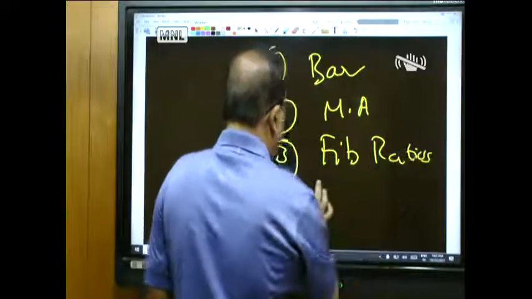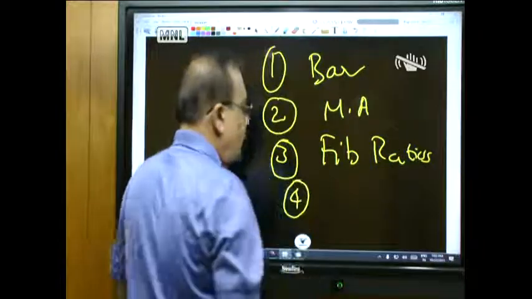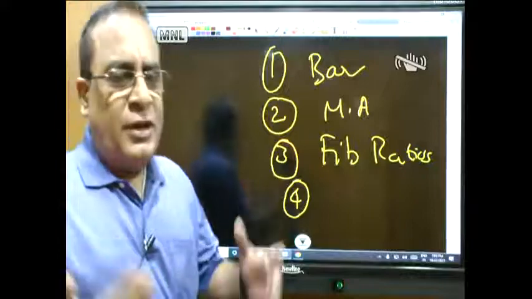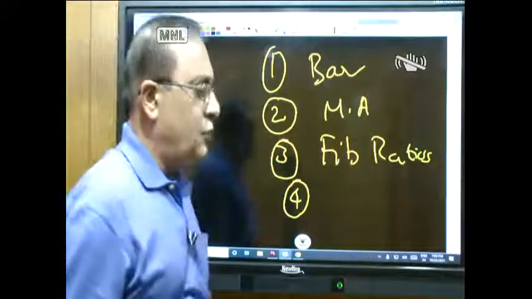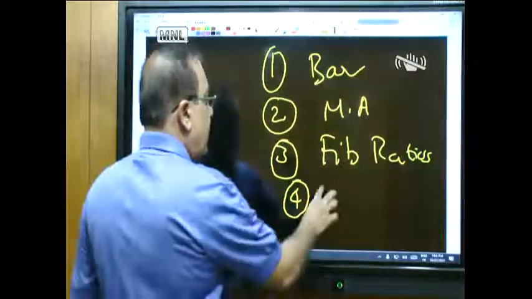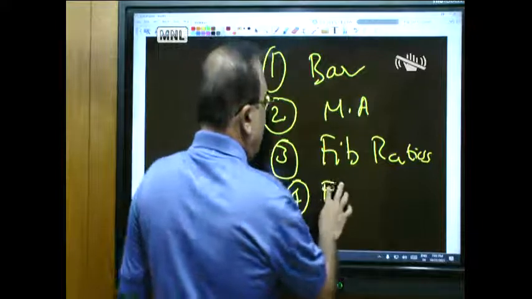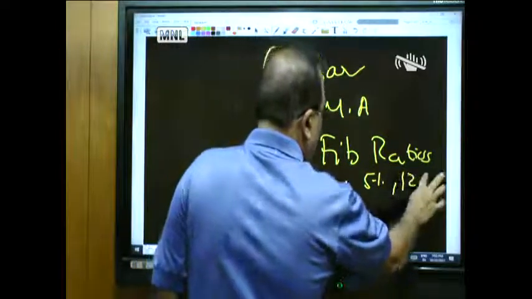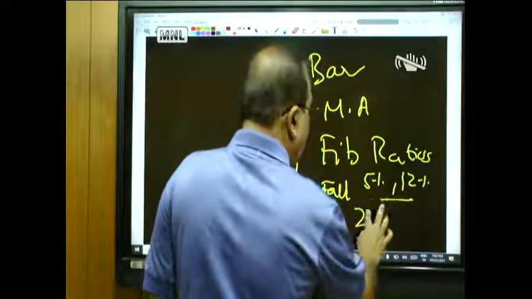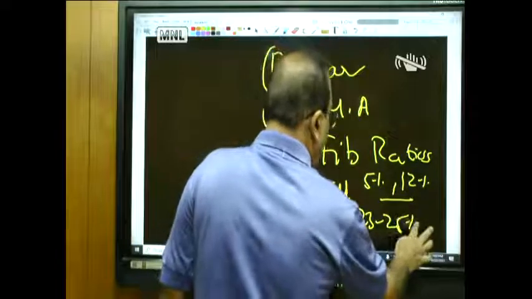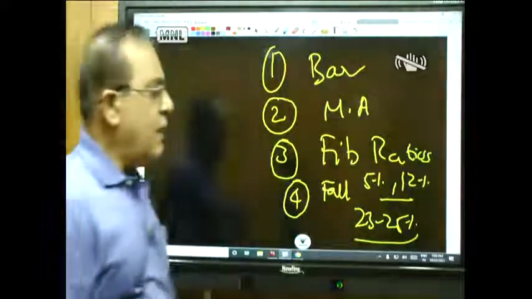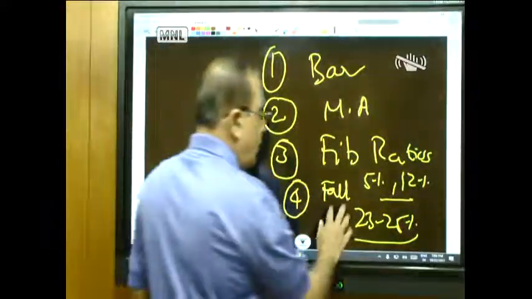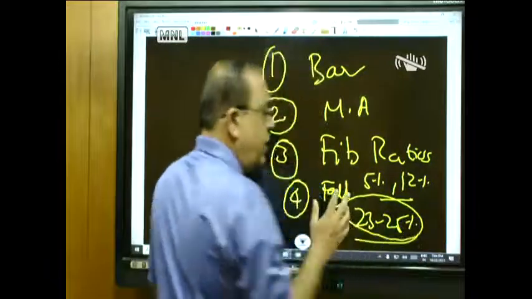Then, of course, you have certain points, certain percentages. For example, what we have seen in stocks generally is a fall which could be either a 5% fall, or a 12% fall, or probably in the region of 23 to 25%. Most stocks on any deep decline will probably halt somewhere around 20 to 23%.